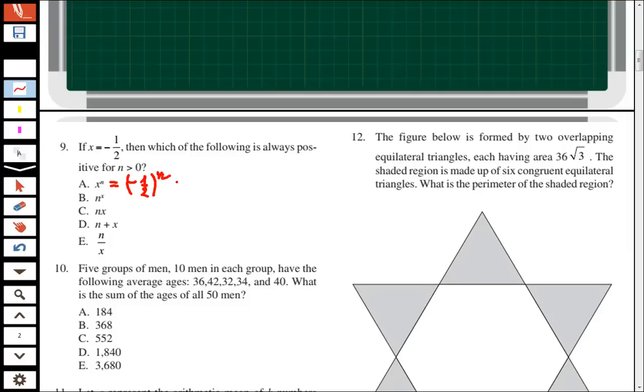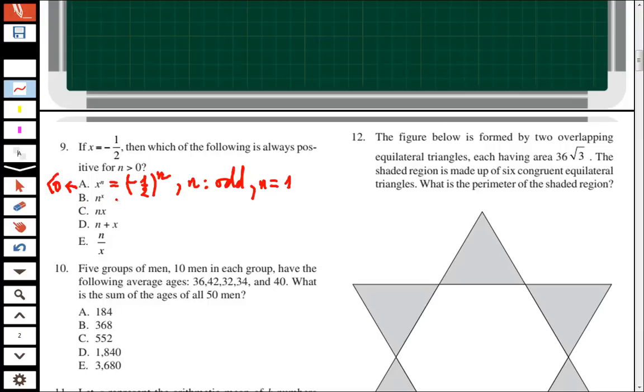If we choose any odd n, for example n equals 1, we easily see that the value in option A is negative.